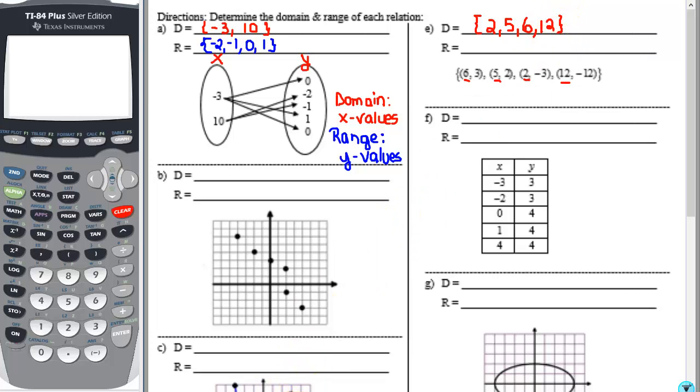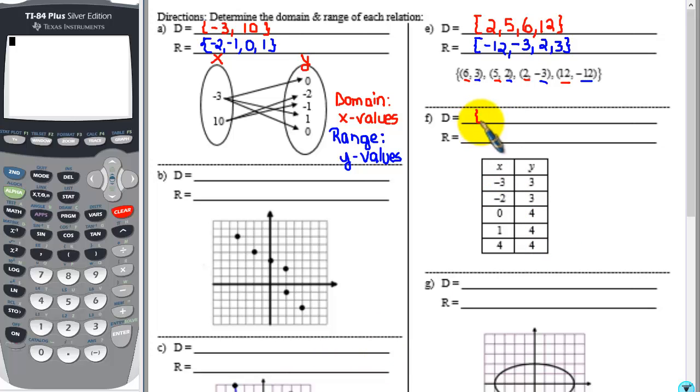Now remember, the second number will be your y, so we're going to use 3, 2, -3, and -12, so the smallest number being -12, followed by -3, 2, and 3. There we go. Alright, let's go on to the next one.